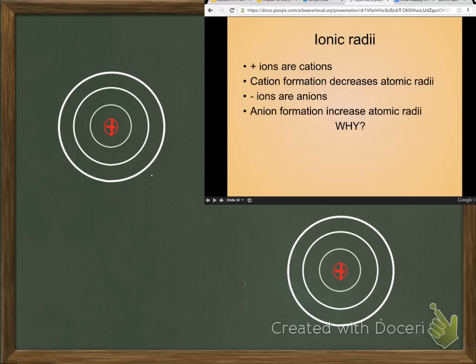Okay, so when we make an ion, it doesn't have the same radius as the neutral atom it came from. The radius changes. And if we imagine, let's go with sodium and chlorine. So sodium's got 1, 2, 3, 4, 5, 6, 7, 8, and then 1.